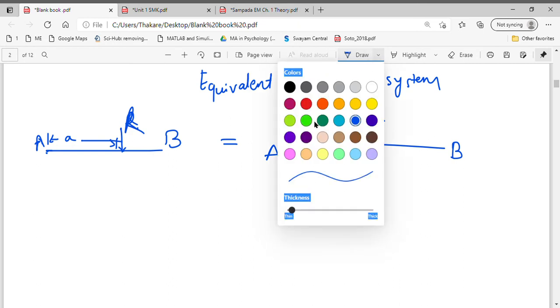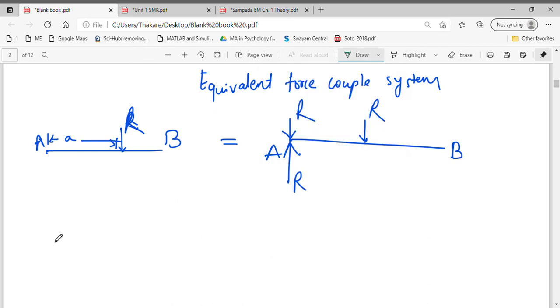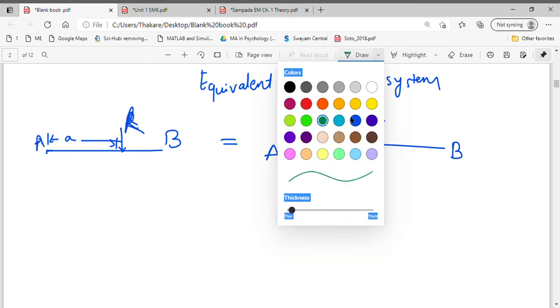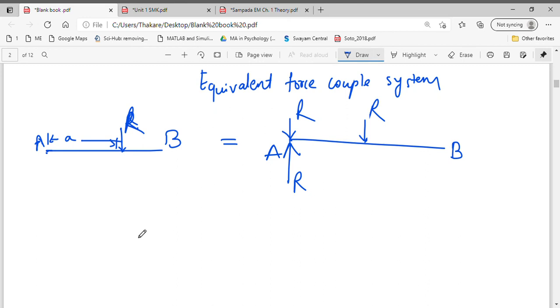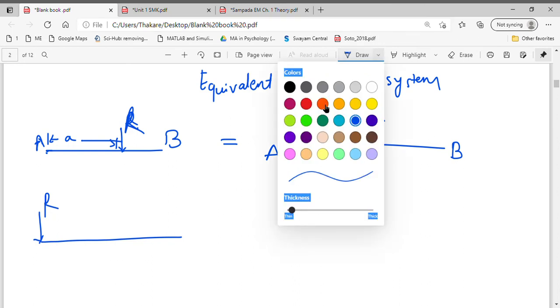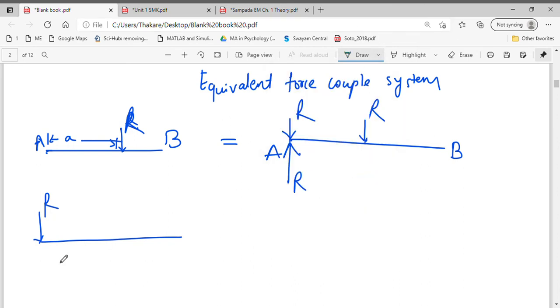So now here I have this beam AB on which there are two forces R and R a distance apart from each other, and these two forces will form a couple.